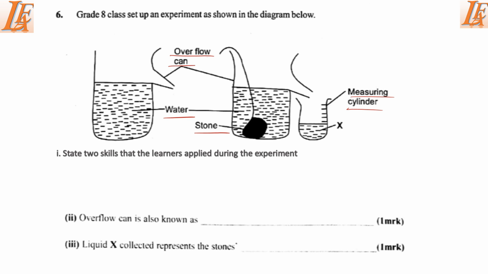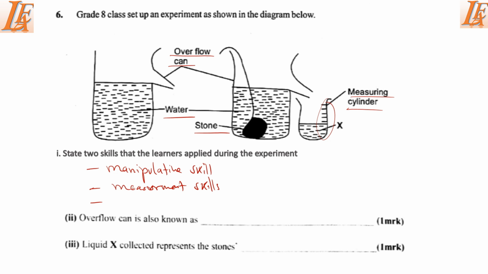Since this experiment involves handling of apparatus, the skill you need in that case is what we call a manipulative skill, because you are handling apparatus. And then another skill that you need in this case, as you can see on this measuring cylinder, we have a scale, so we need measurement skills.